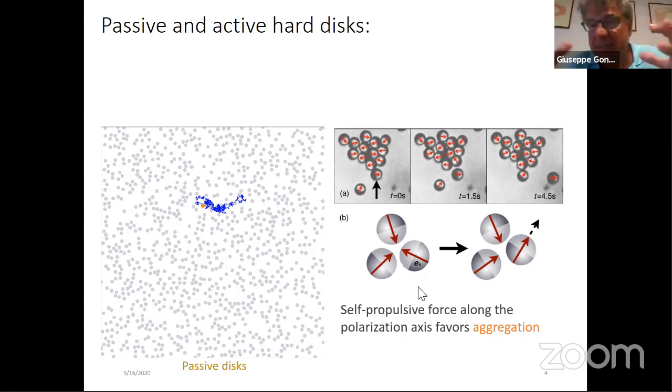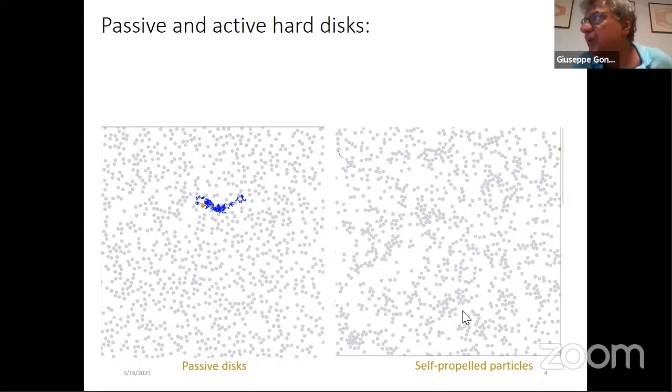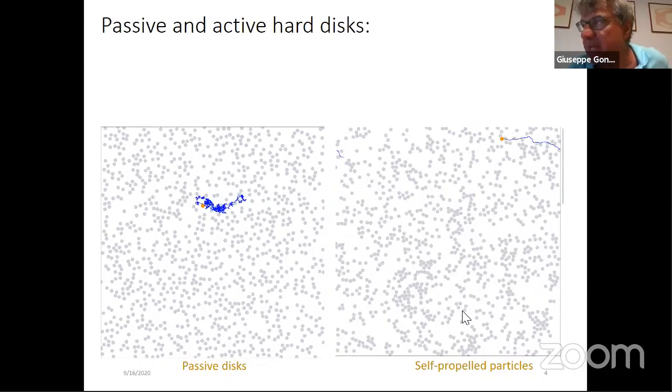And so, in some sense, they become jammed and they tend to remain stuck together. So you have a sort of effective aggregation interaction. However, I will show you a movie to understand better what happens.